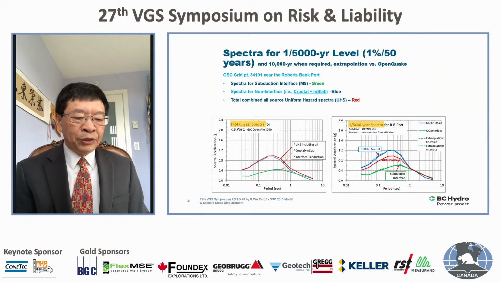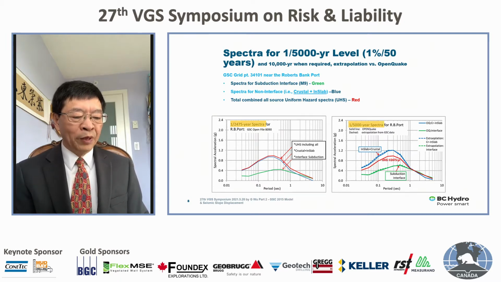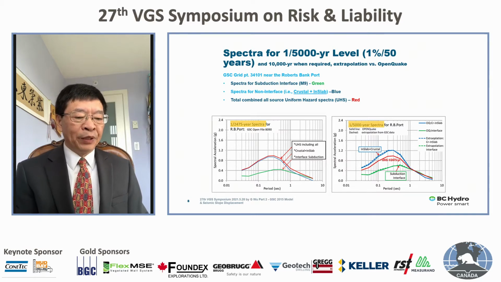So meaning just extrapolation, you don't need to use OpenQuake to derive this 1 in 5,000 year earthquake spectrum. And in 2018, I presented the method using OpenQuake, which is a software that you can incorporate the GSC 2015 seismic model into, and you can actually compute the spectrum for 1 in 5,000 year for each of the M7 and M9 earthquakes.